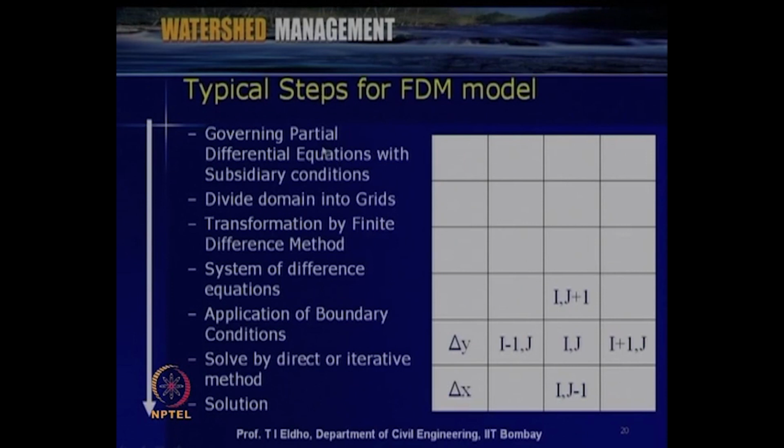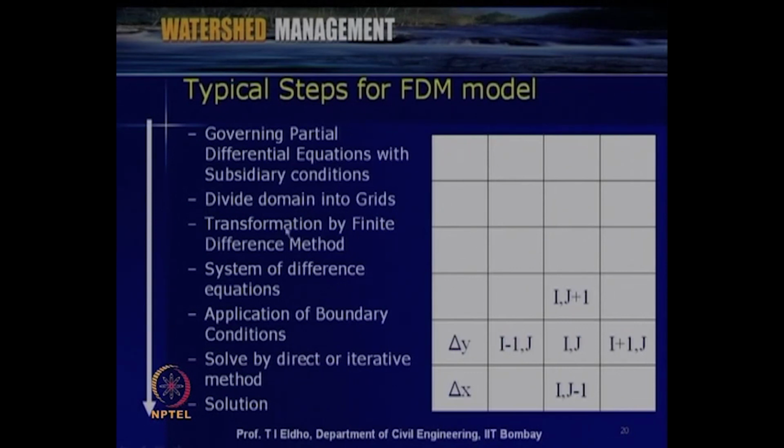In the finite difference method, we can typically follow a step by step procedure. For the given governing partial differential equations and boundary conditions, we can divide the domain into grids as shown here, and then at the nodal junctions of the grid we can identify various values like i minus 1, j or i, j. This we can write 1, 2 in the horizontal, row-wise, and 1 to n column-wise also.